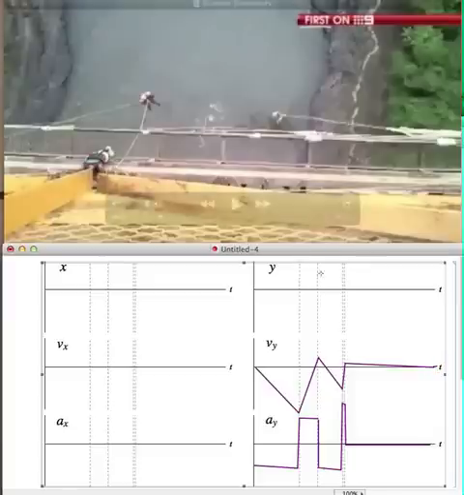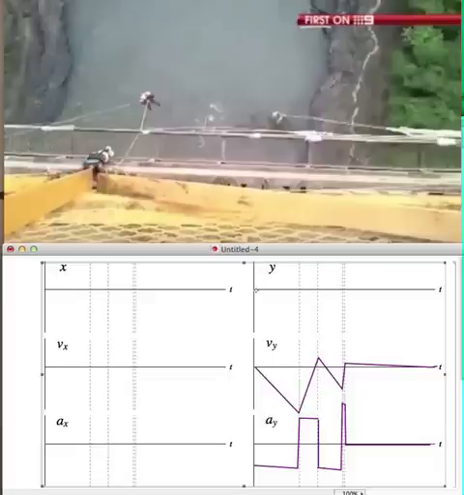Well, her position starts at the bridge. Let's say the bridge is 0 and the river is down below. So let's start her here. Acceleration kicks in, so it's going to be parabolic downwards to here.